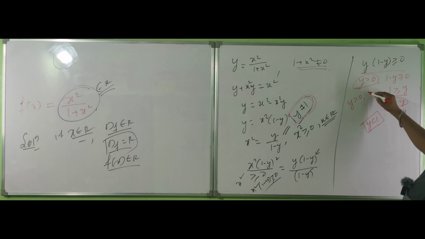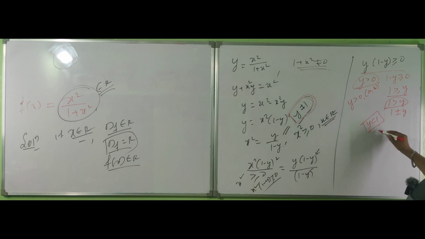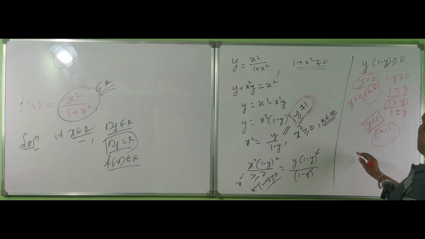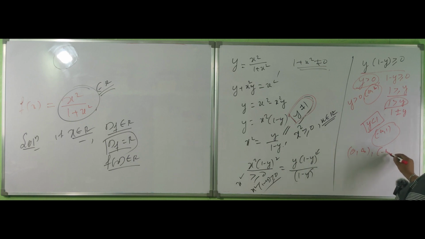For y greater than 0 you will write 0 to infinity. For less than 1 you will write minus infinity to 1. Here, take the common elements, which you already know. You write 0 to infinity and minus infinity to 1, and take only the common elements.